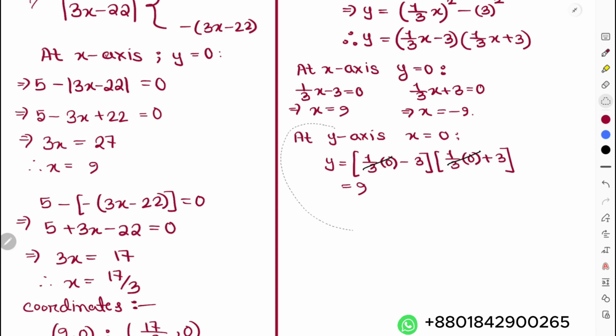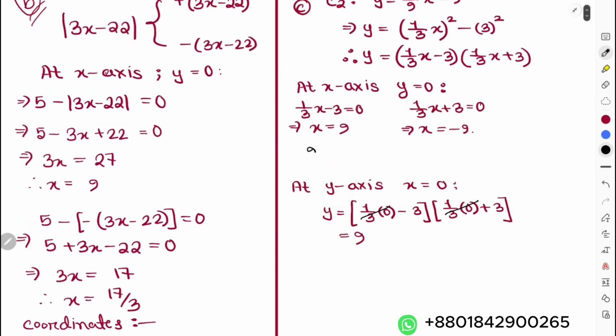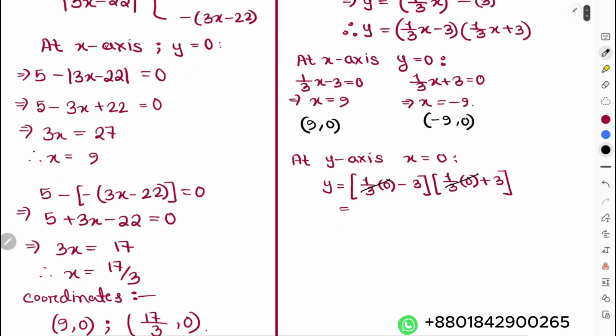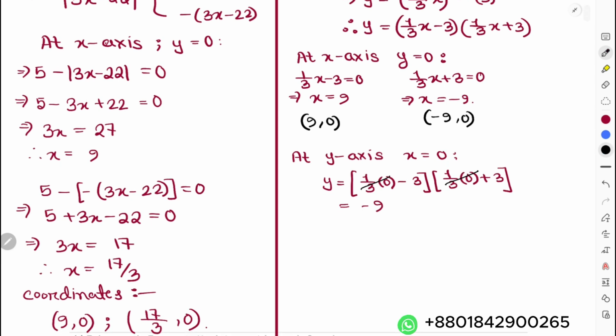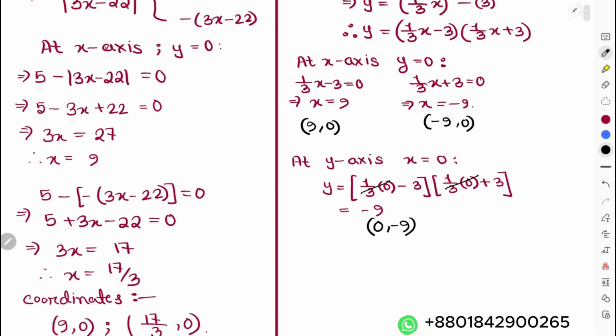So the coordinates from this part of your calculations are 9, 0, and minus 9, 0, and this coordinate is 0, minus 9. So you have to draw all of this into your graph.